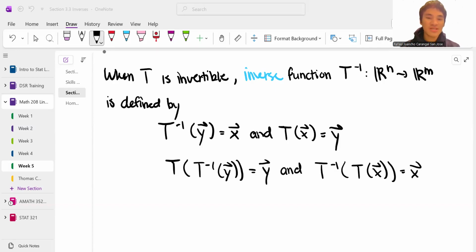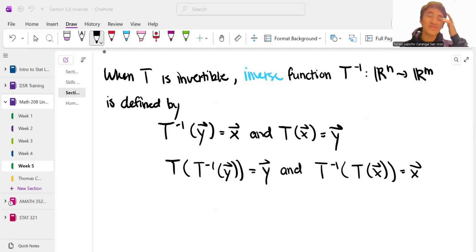So in our secret code example, the encoding linear transformation mapped vectors in R³ to other vectors in R³. In our previous example, we input some x vector that has three components, so it's a three-dimensional vector, and our output is still a three-dimensional vector. And we observed that the inverse for the coding was another linear transformation. It's pretty simple, right?